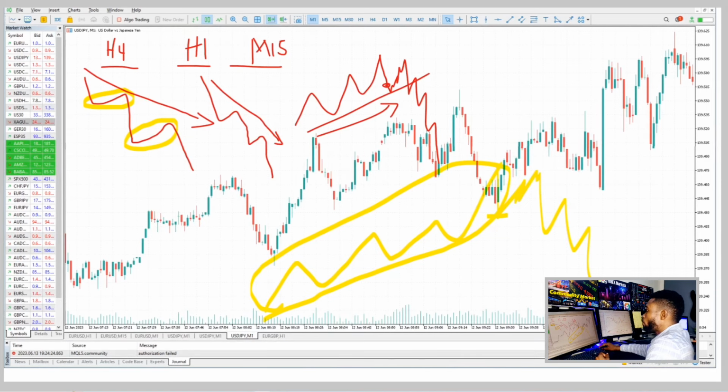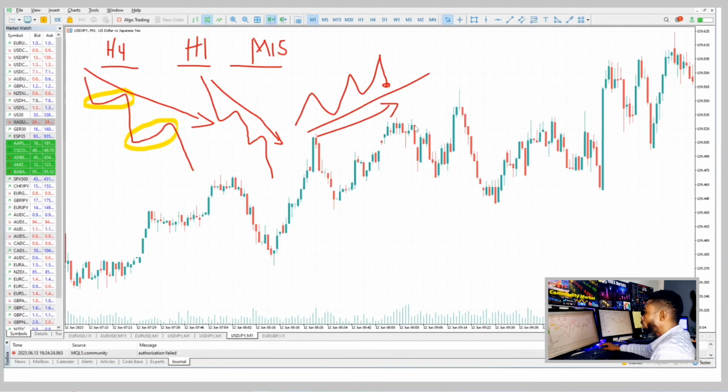So what do you have to do? Make sure that before you enter anything on M15 or H1, they are all in line with the higher time frame. So let's say that you want to enter on the M15. You realize that the M15 is on an uptrend, H4 on a downtrend, H1 on a downtrend. You have to be patient and wait for M15 to also reverse the trend in line with the original time frame alignment.